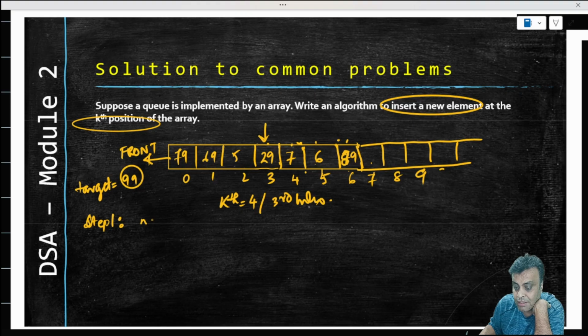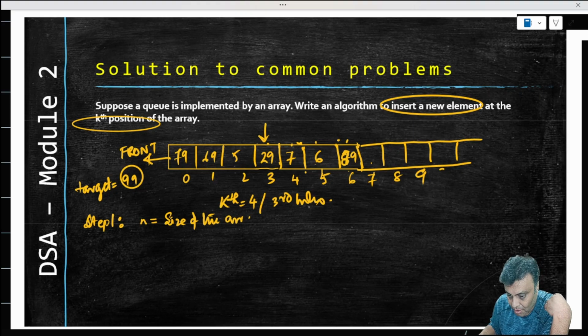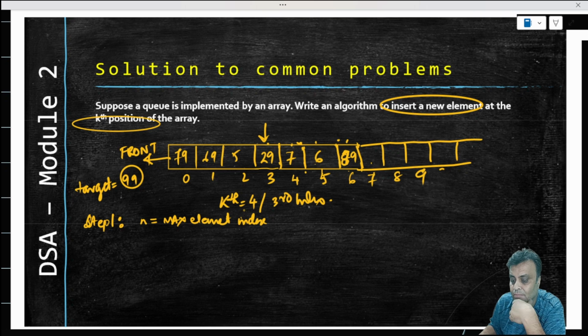Let's take n as equal to the max element index of the array, right? So if n is the max element index, then my n is actually equal to 6 right now.